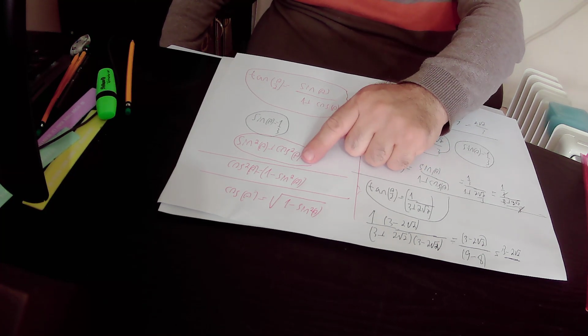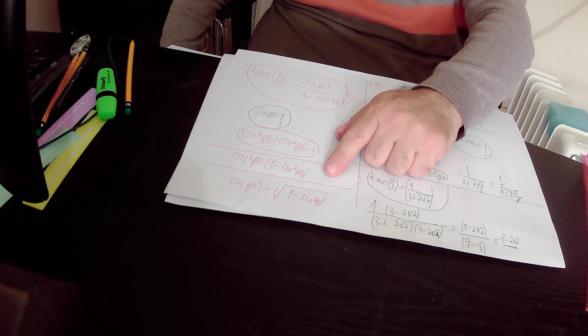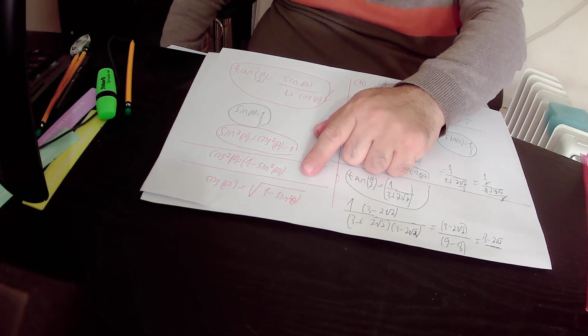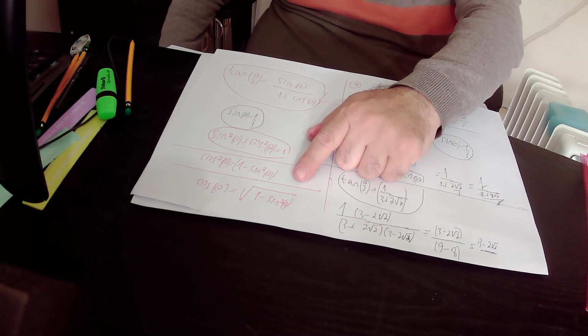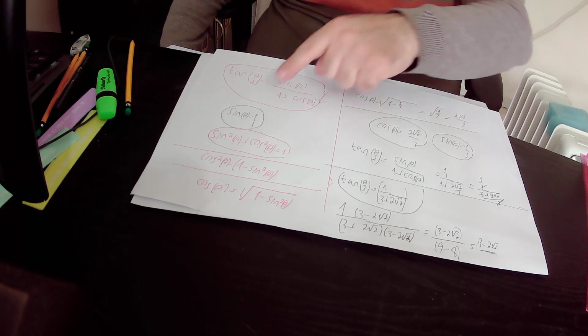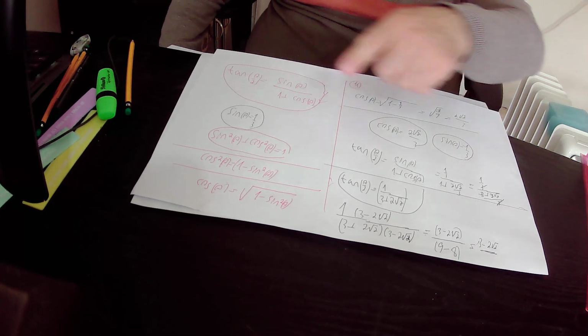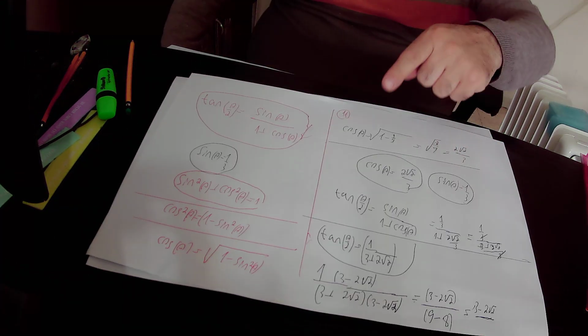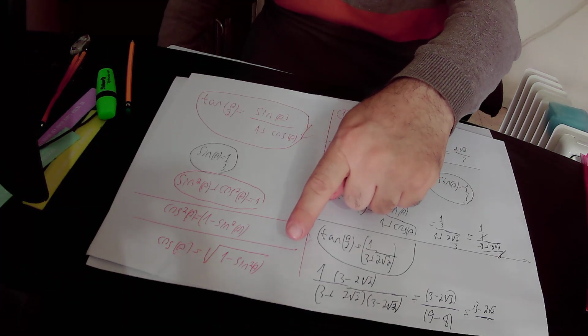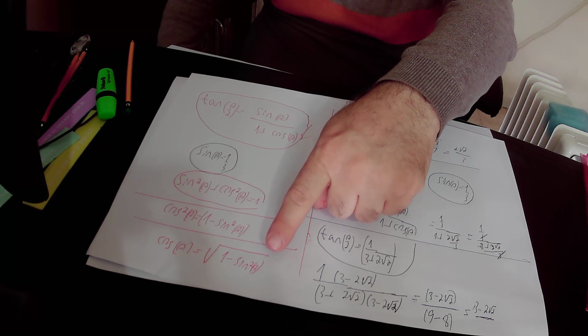We took the root of this equation and found that cosine theta equals the square root of (1 minus sine squared theta). If sine theta equals 1 over 3, then sine squared theta will be equal to 1 over 9.